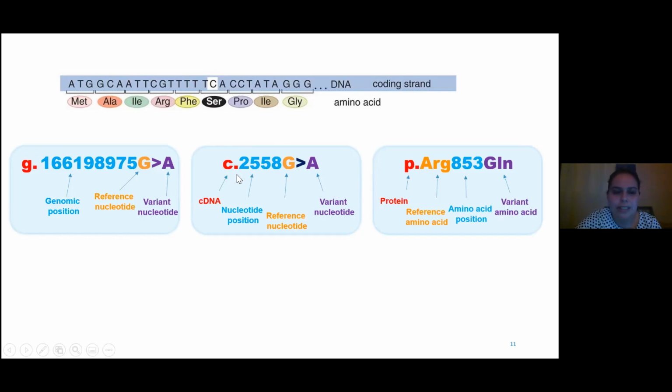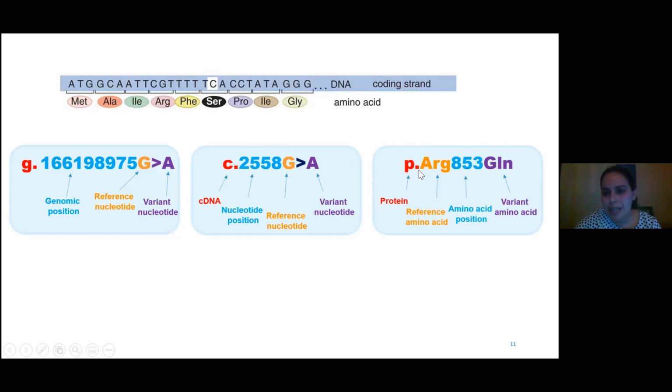So C dot is talking about the coding. This alphabet here is saying, for example, on the 2,558th letter, there's supposed to be a G, but there's an A. And that's how they name the genetic changes, and they tell us where the change is in the gene.